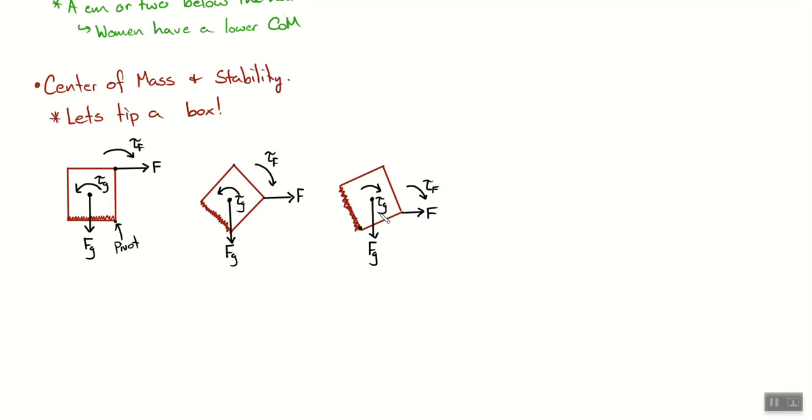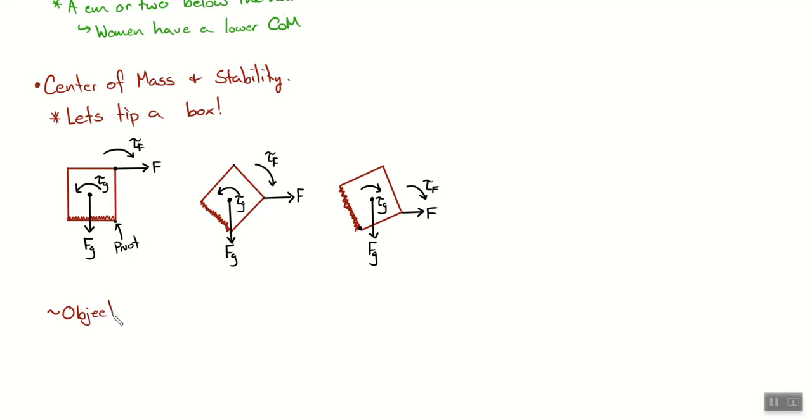We see that in order to tip something, all we have to do is move that center of mass outside of the base that's trying to support it. So we can summarize that fairly easily. We're just going to say objects are stable, and this is kind of like a follow-up statement here.